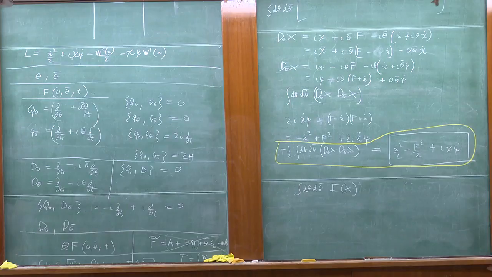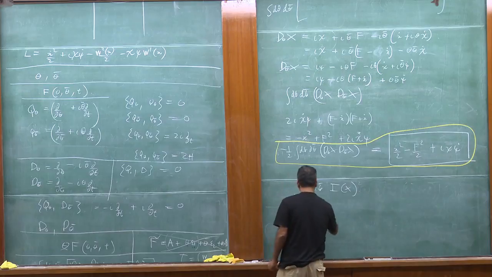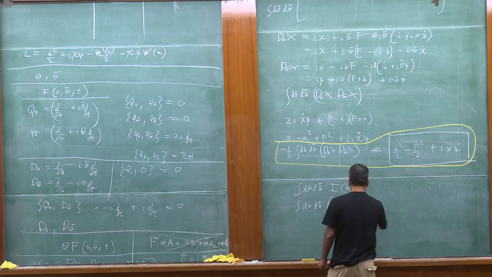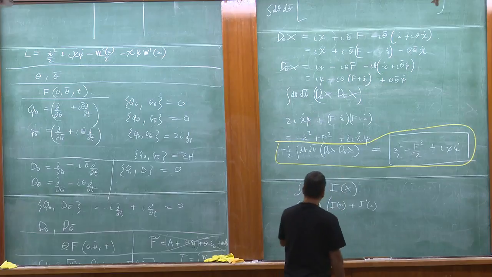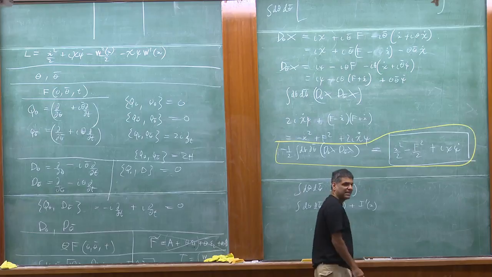So this is equal to integral d theta bar I of little x plus I prime of little x. Now, there are many things, but I'm only keeping track of those that will contribute when it hits the theta bar.